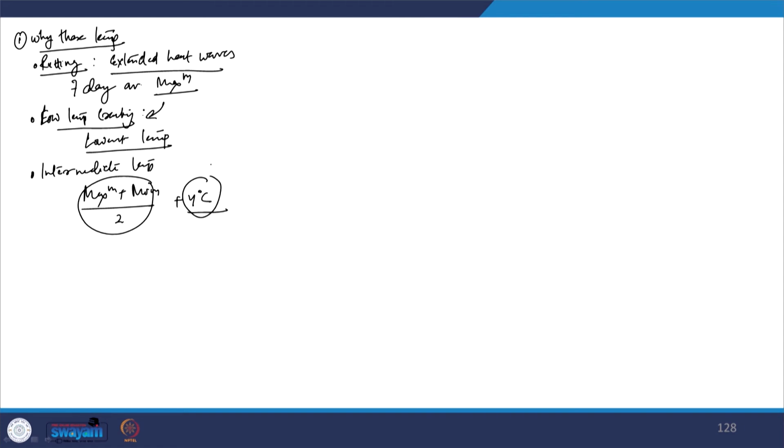Therefore, they added this 4 degrees Celsius to the average to calculate the temperature at which fatigue cracking should be assessed, alright. So, this is the reason why these temperatures are chosen.